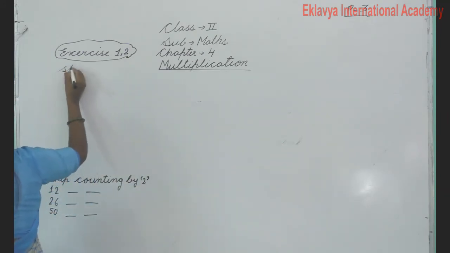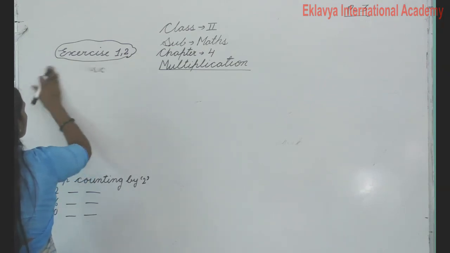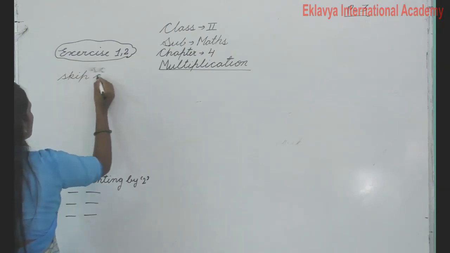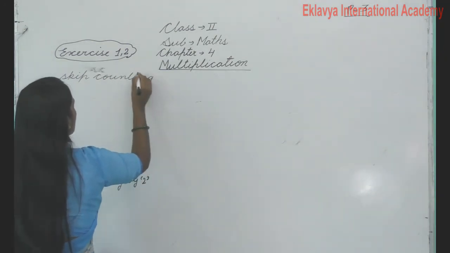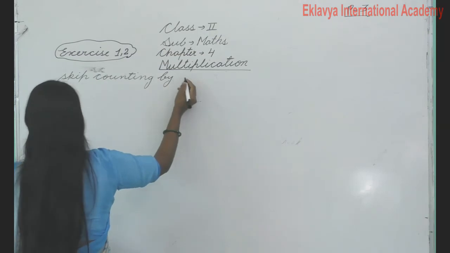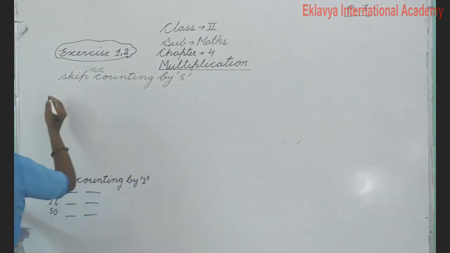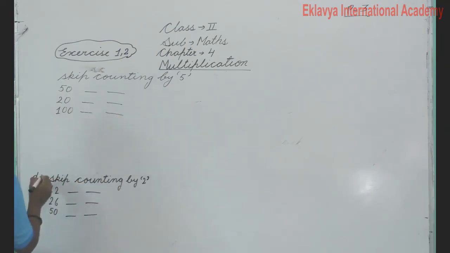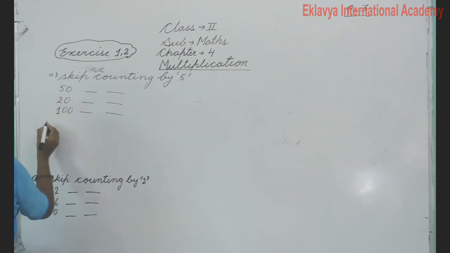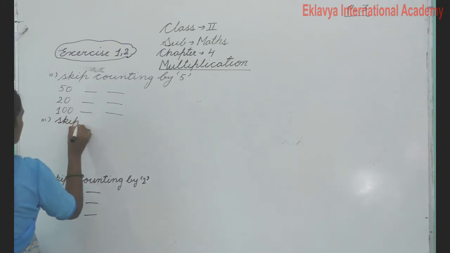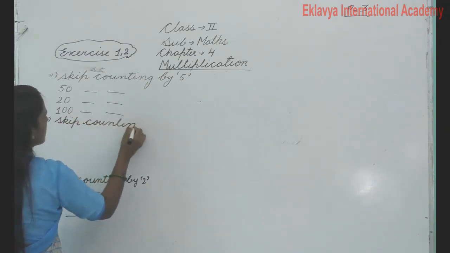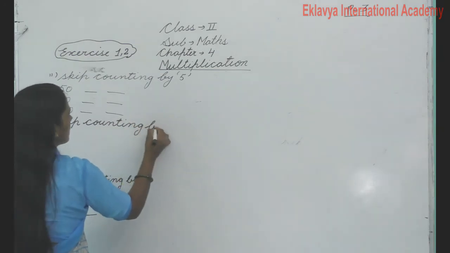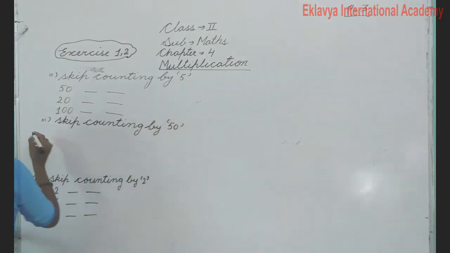Here, skip counting by 5. Okay, I have given 50, 20 and 100. Okay, that is one. Second and third one is skip counting by 50.